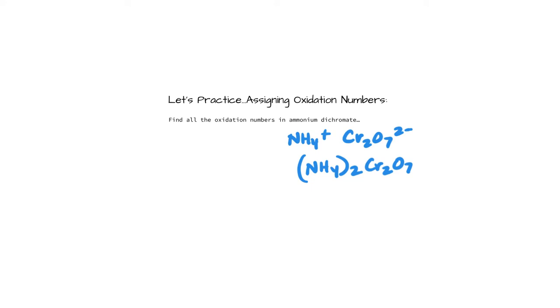This is a crazy one. So we know again that all of this is going to be equal to 0. So 0 equals, and then I know that NH4 has a plus 1 charge. Nitrogen is the more electronegative element there.